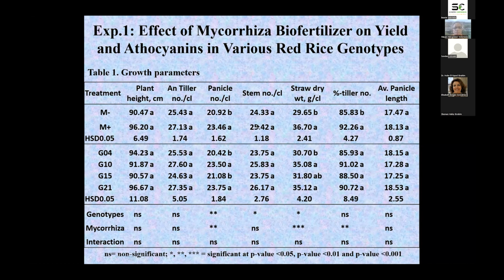This one is with mycorrhiza biofertilizer, this one without mycorrhiza biofertilizer, and we can see that the increases are mostly in panicle number, tiller number, percent of tillers that become panicles, and what is this? Biomass, straw dry weight.